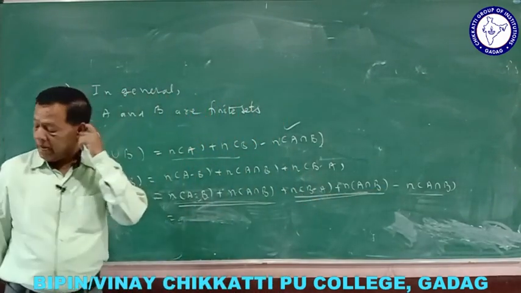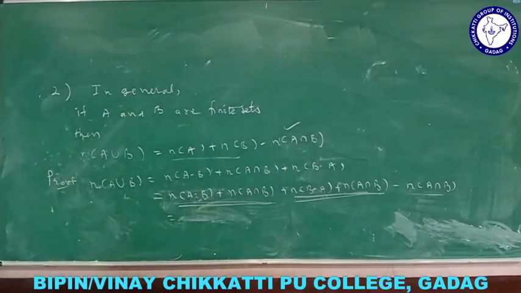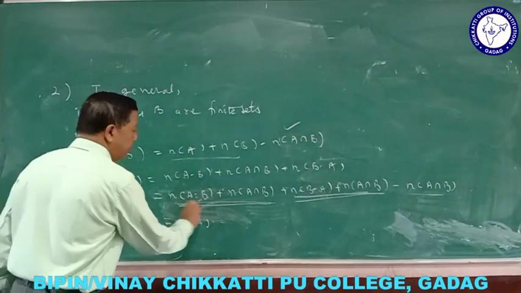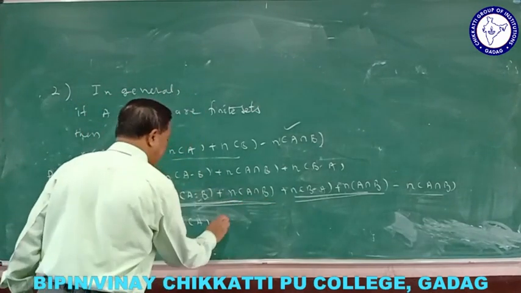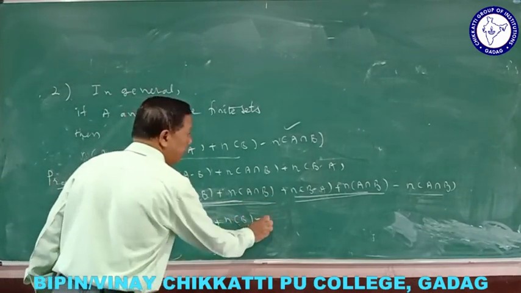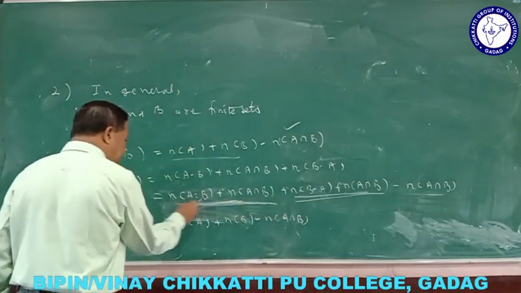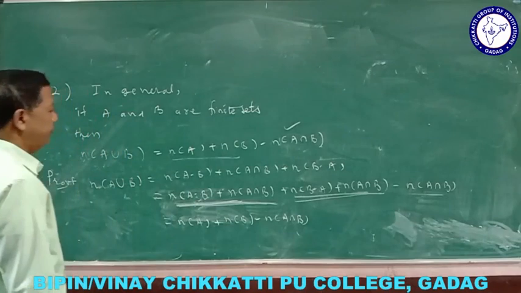So when you write n(A) and n(B), finally we come to see the result: n(A), with this underlined, and this underlined n(B), minus n(A intersection B).